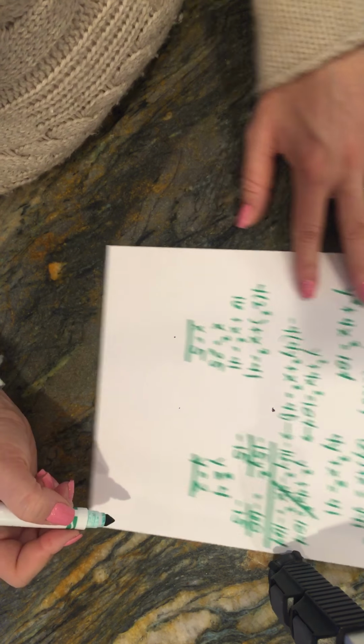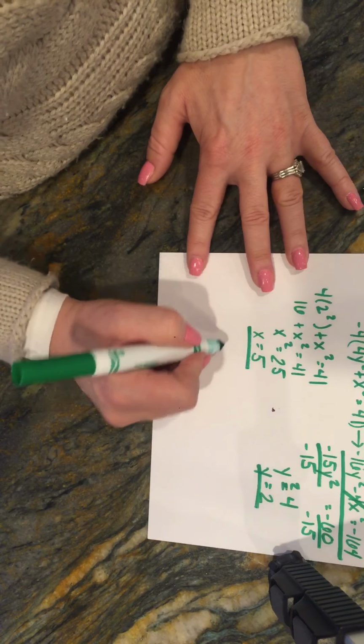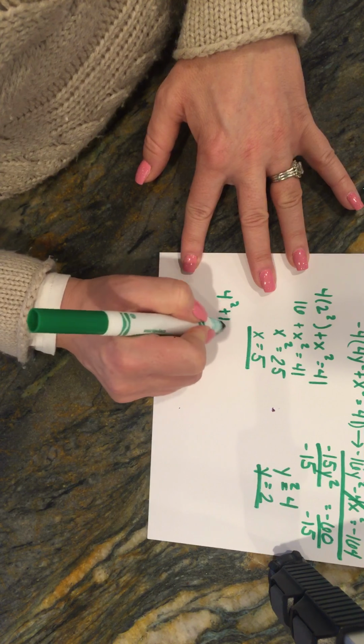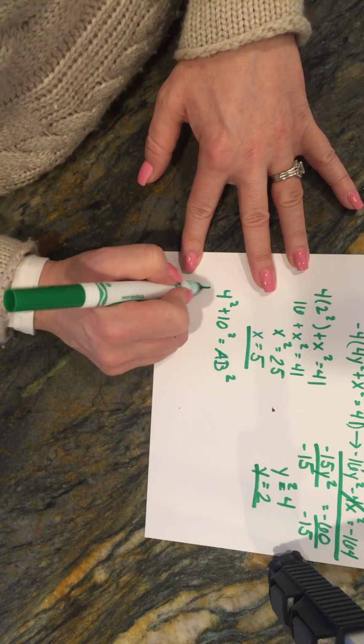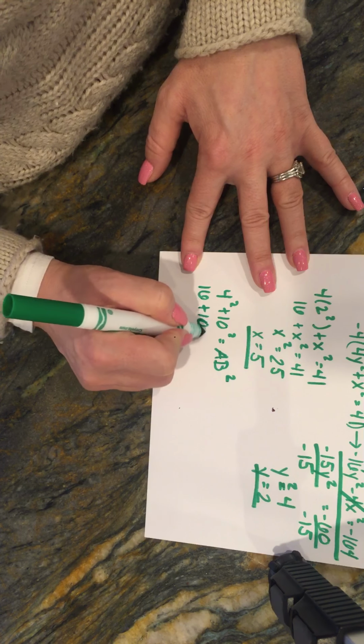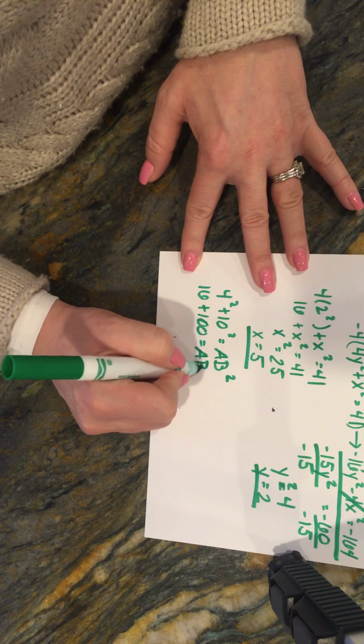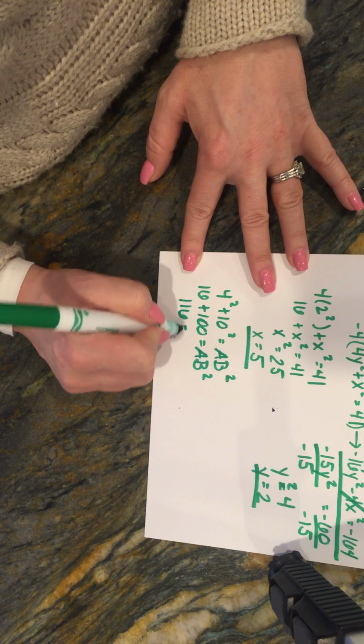Now we've got a Pythagorean theorem problem again. So 4 squared plus 10 squared equals AB squared. 16 plus 100 equals AB squared, 116.